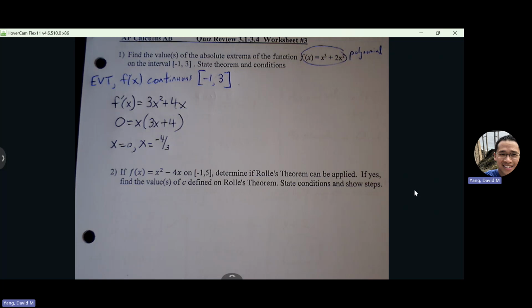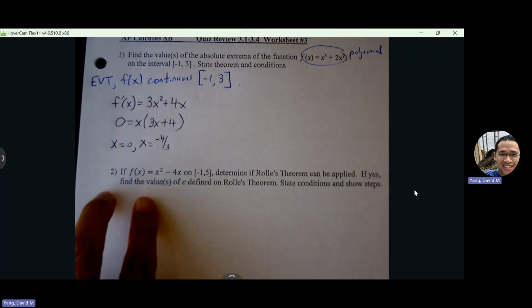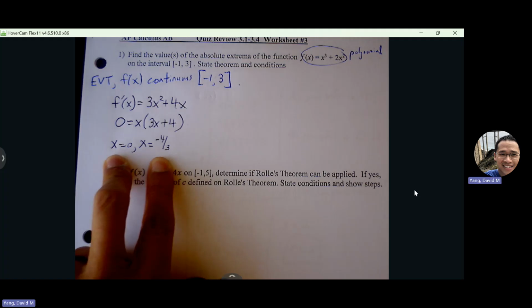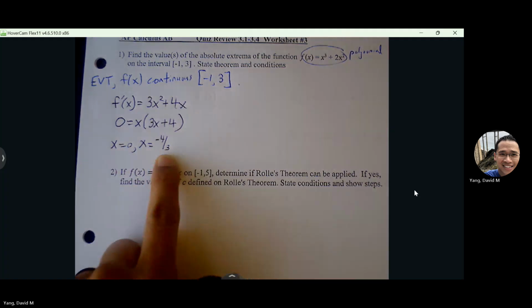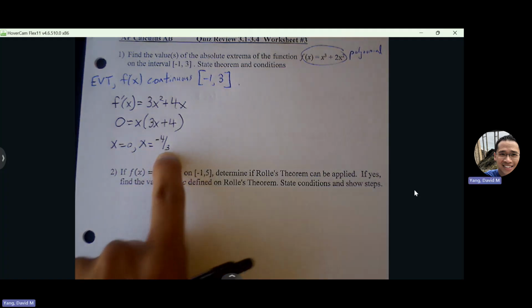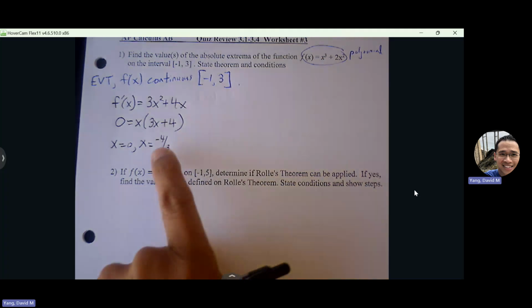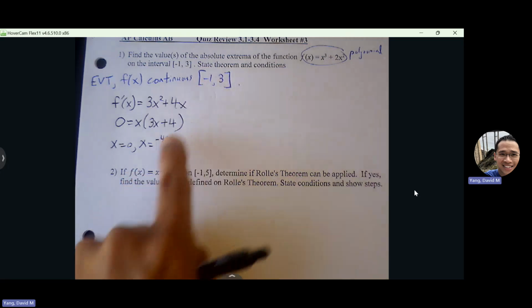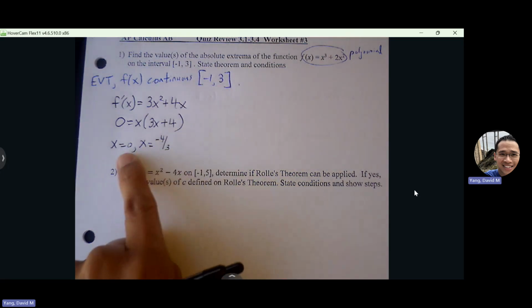Okay, any issues with critical points? Are both these valid? -4/3 is what? It's outside the interval. So that's like -1.3 or something, that's going to be further left than our left bound. So we can ignore that -4/3, but 0 is safely inside the interval.